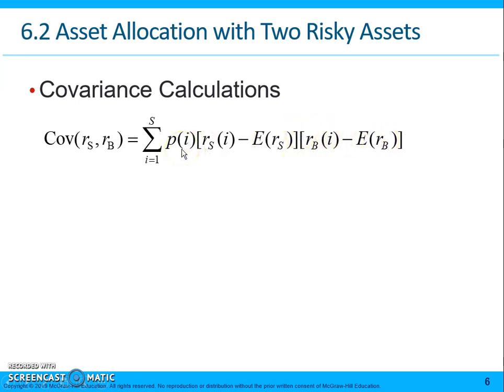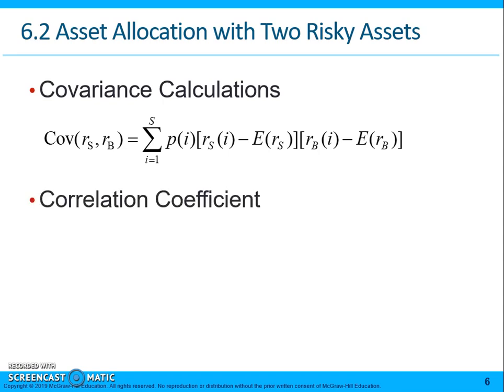In our example, we're going to have 4 possible outcomes, so we'll have 4 probabilities, and then 4 returns for stocks and 4 returns for bonds. Then we'll calculate the expected return for those 4 possibilities, and then calculate this covariance based on the information that we have. Again, we're going to walk through this calculation step by step based on the charts that we'll see later in the chapter.